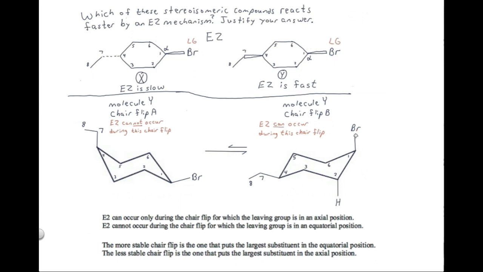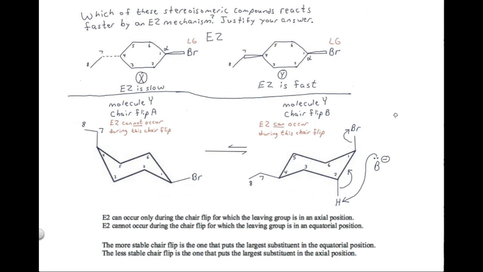That's the only way they can be anti to each other. This problem didn't tell us what base we're using, so we'll just make up a generic base. So here are the electron pushing arrows for the E2 mechanism that will occur for the faster E2 reaction. As I said, professors generally want to see you draw this mechanism for this type of problem as part of your justification for your answer.